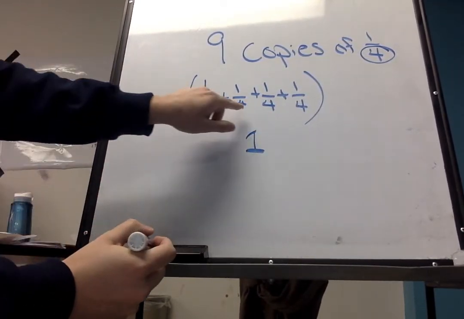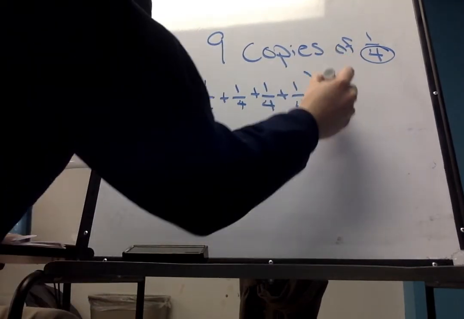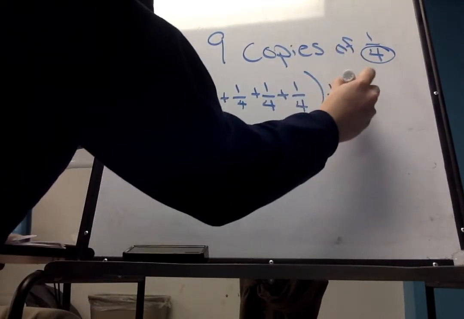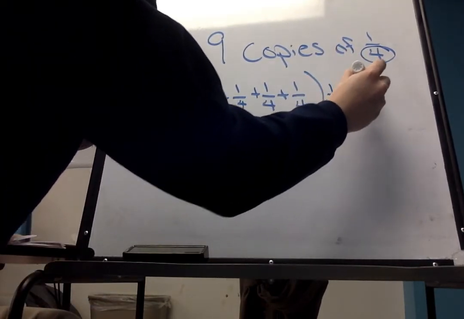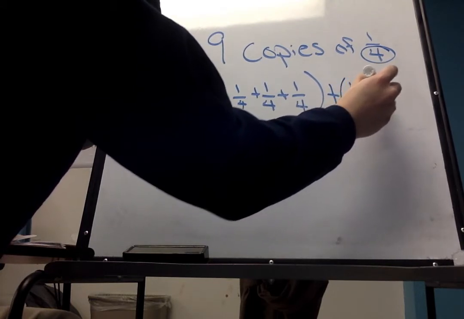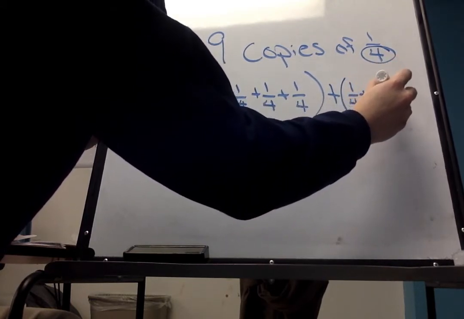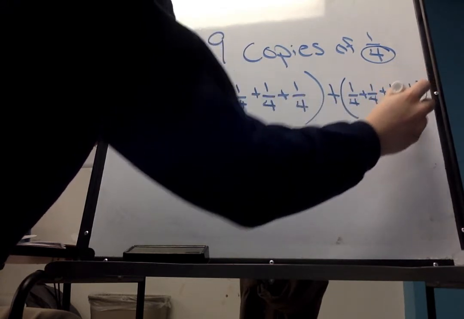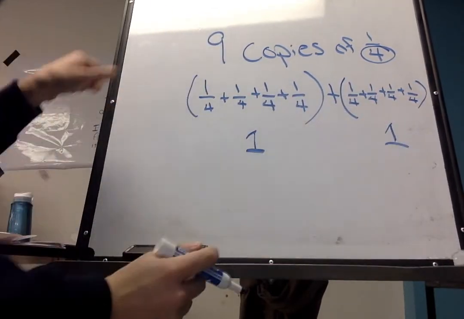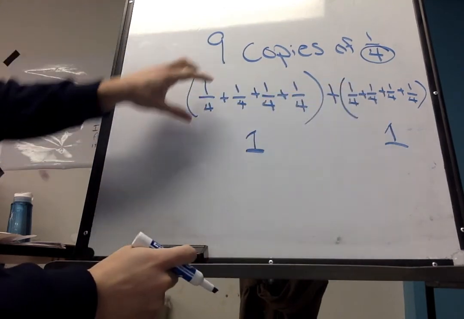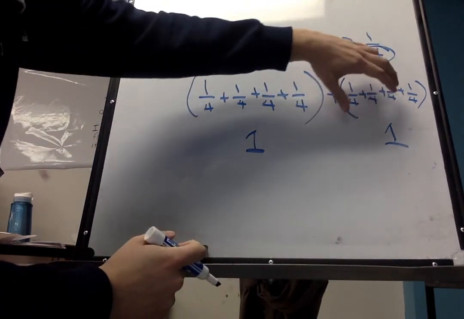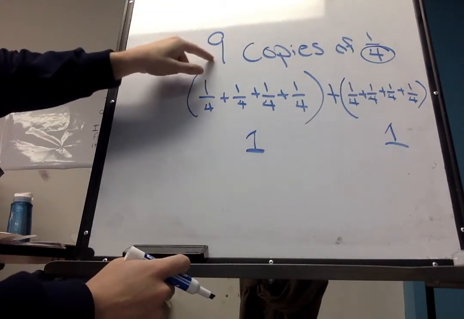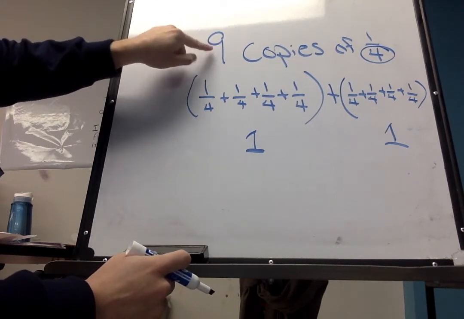Now I only have 1, 2, 3, 4 copies, so I need to add another group. Which is also equal to 1, right? We have 4 more copies. So now I have 4 copies here, plus 4 copies here, so I have 8 copies total, and I have 1 more copy that I need to make.